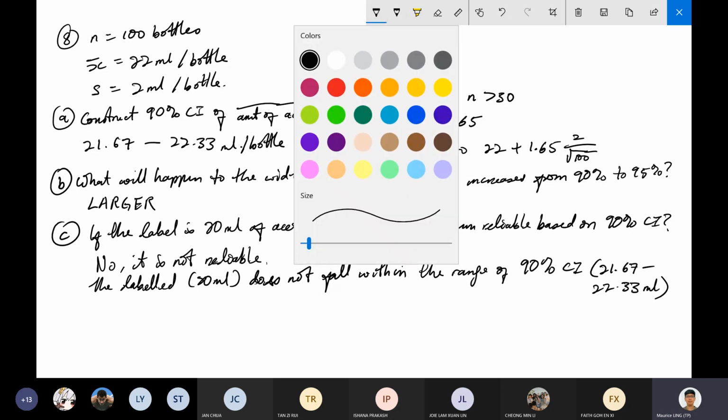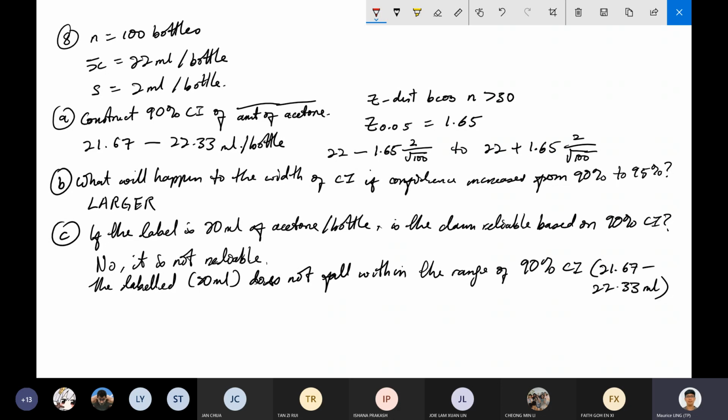So what it really means is, confidence interval is actually equivalent to the non-critical region.